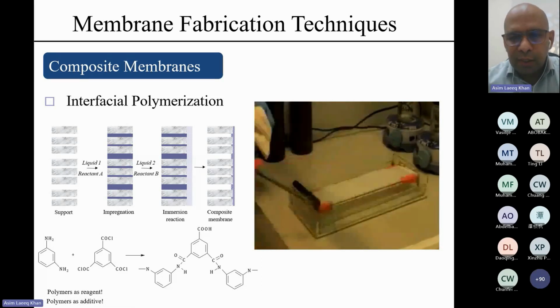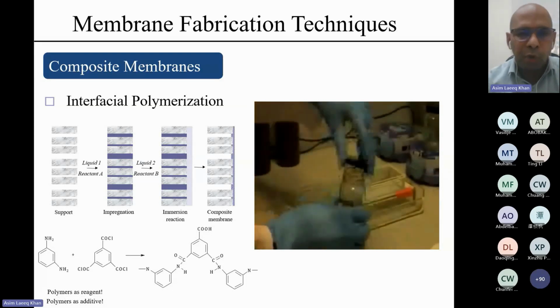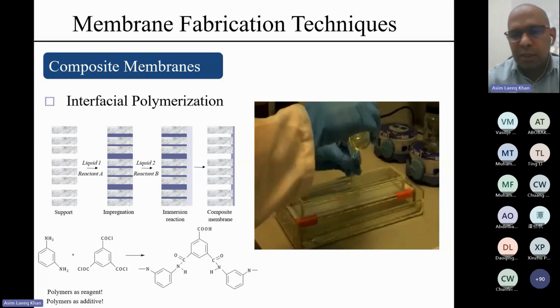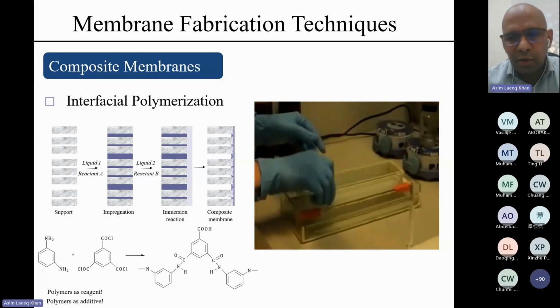We will remove excess by a rubber roller. And finally, at the last step, we will immerse it in the organic solution, in this case hexane and trimesoyl chloride.